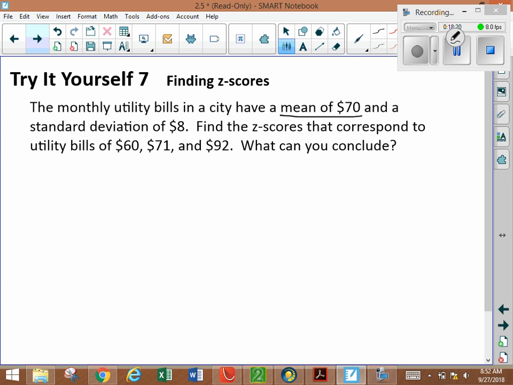I'm going to use mu, because that is all of them. That represents a population. So mu, my mean, is 70. I've also got a standard deviation of 8. And remember, when we have the standard deviation of the population, we use the symbol sigma. Sigma is 8.